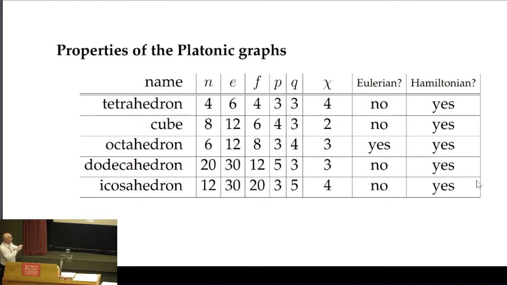It's like putting a closed necklace inside the dodecahedral graph, and you could do that. There are 20 vertices, so it will be a 20 cycle. A necklace with 20 beads, well, let's say 20 bits of string. These are all Hamiltonian graphs.